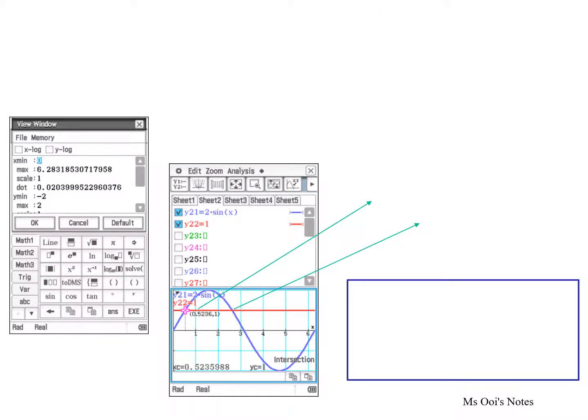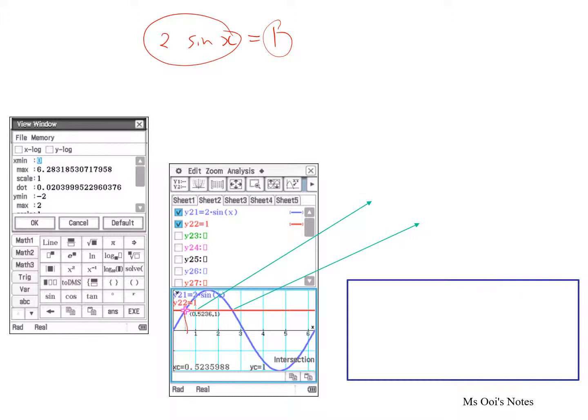Okay, how does it look in terms of graphing? So I graph y equal to 2 sine theta. So remember we are solving 2 sine x, 2 sine theta equal to 1. So basically you graph y equal to 2 sine x and y equal to 1. So we are finding the points of intersection between these two graphs.